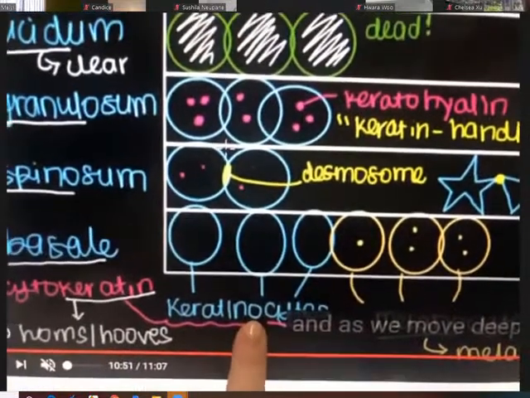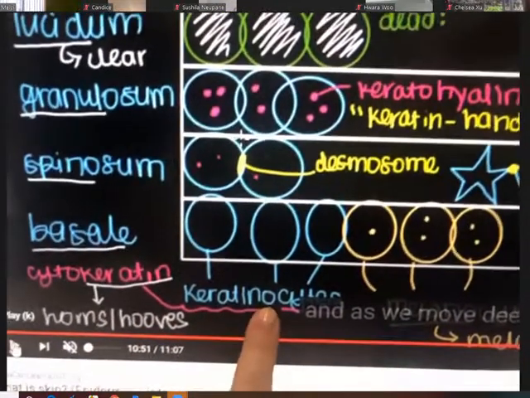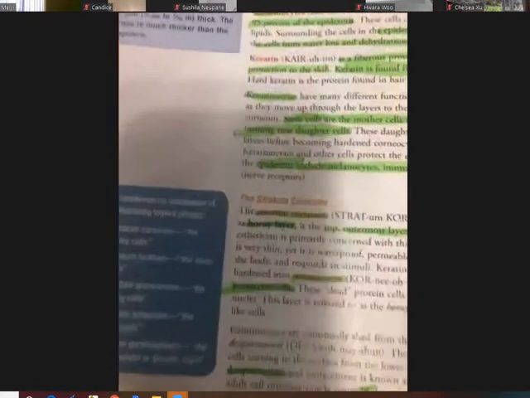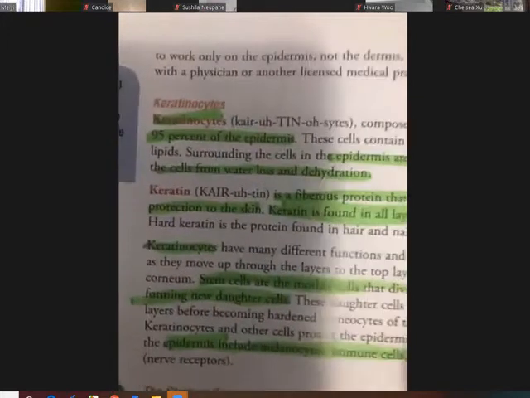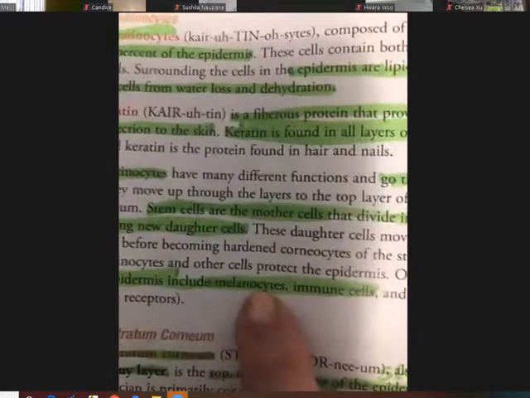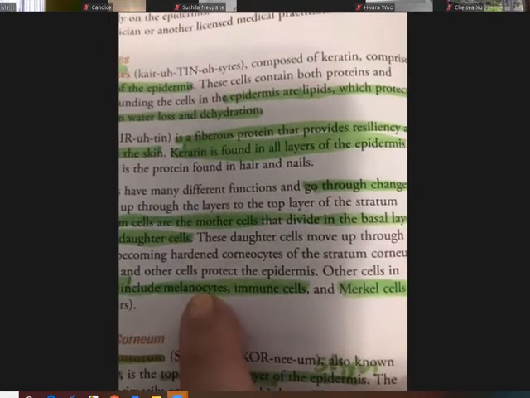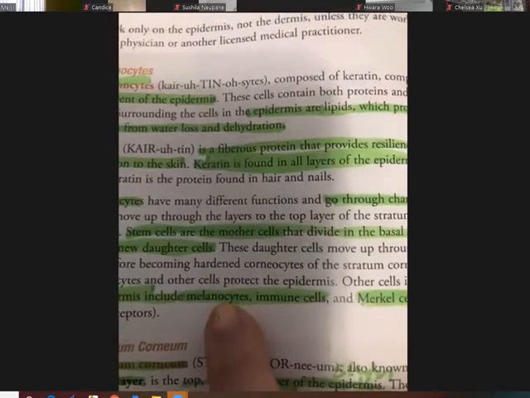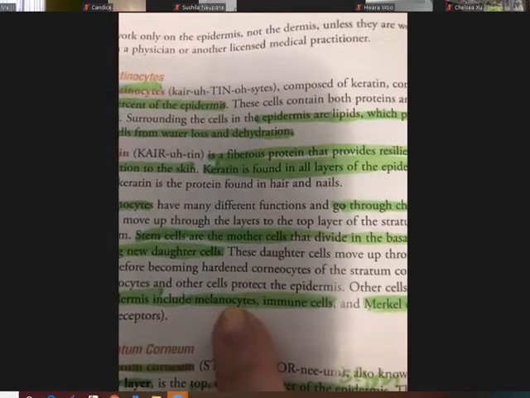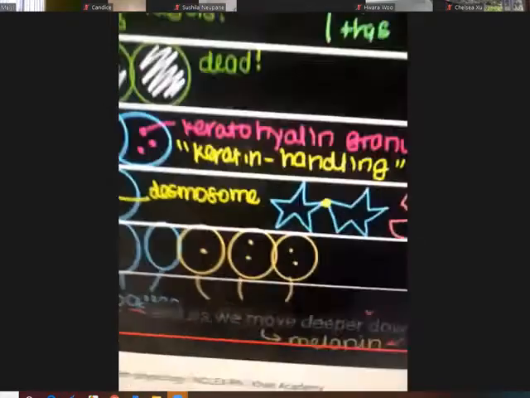Keratinocytes 就是皮肤细胞. Melanocytes 就是黑色素细胞. Melanocytes produce melanin, so you determine your skin color.